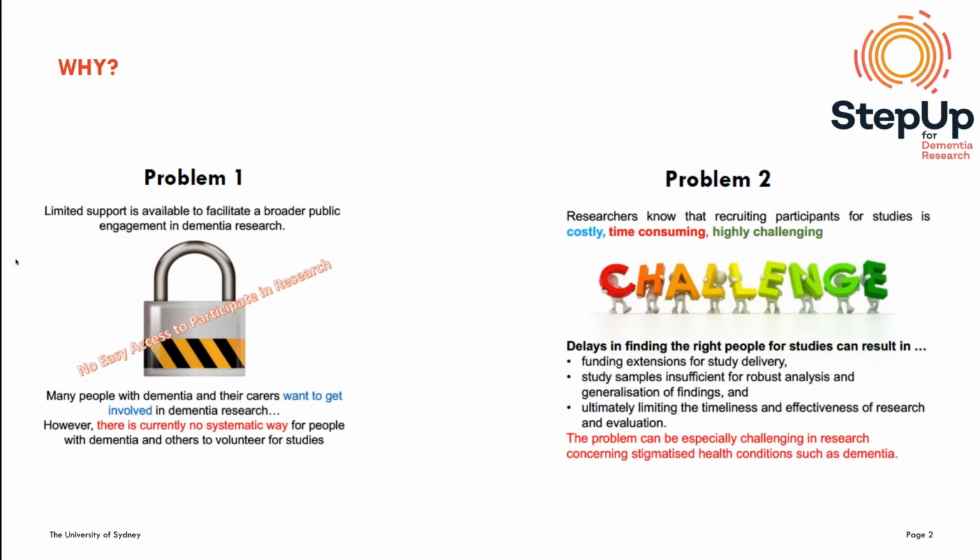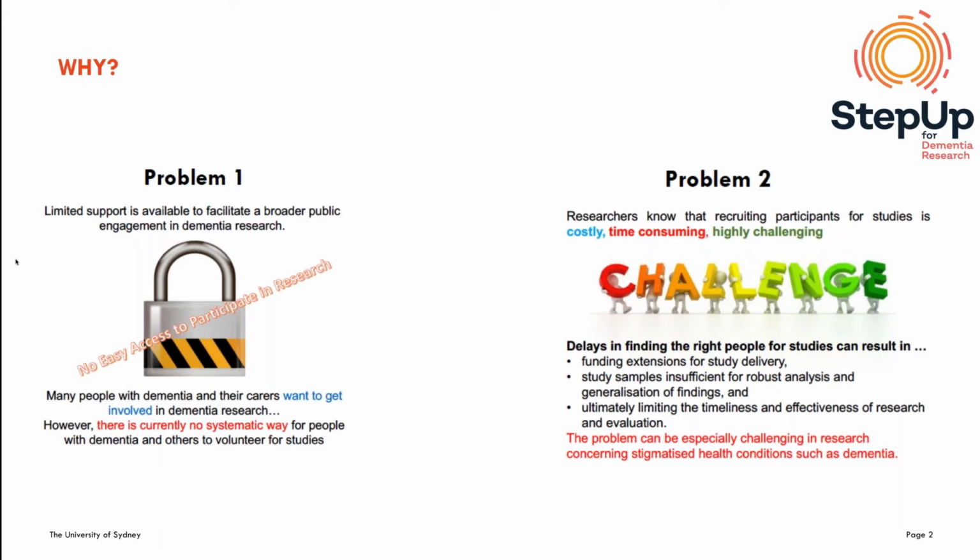There are a lot of issues around this, and people don't necessarily understand how much it actually costs. When drug trials are happening, big pharmaceutical companies recruit participants to find a cure for dementia, for example. What we know is that it costs about 10 to 20,000 US dollars to recruit one subject for a drug trial.